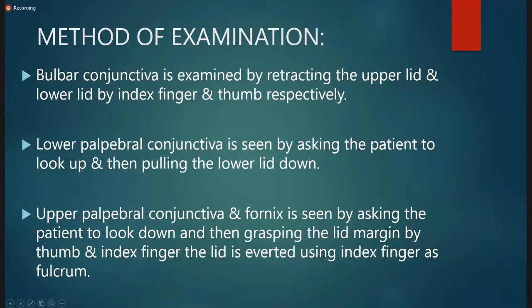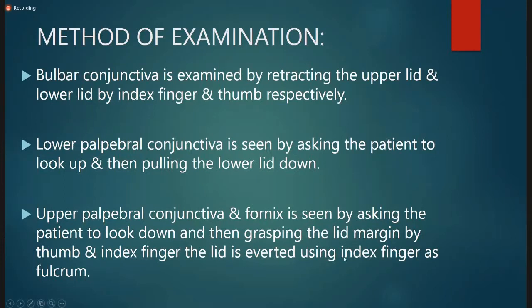Then lower palpebral conjunctiva is seen by asking the patient to look up and then pulling the lower lid down. While upper palpebral conjunctiva and fornix are seen by asking the patient to look down and then grasping the lid margin by the thumb and index finger, and the lid is everted by using the index finger as a fulcrum.